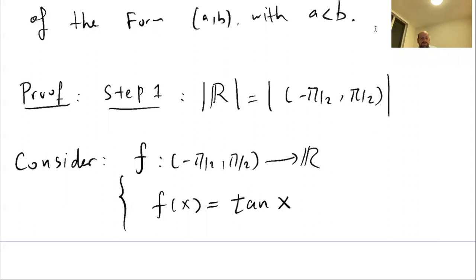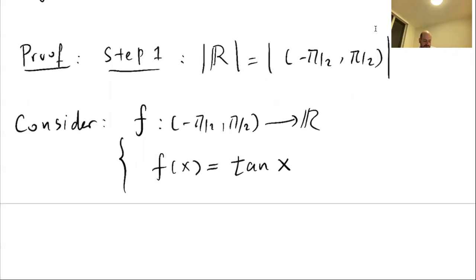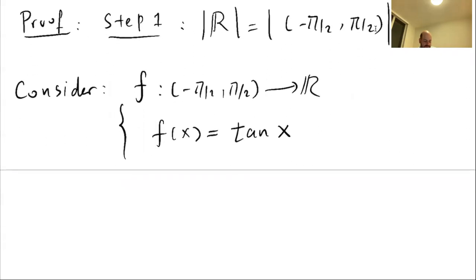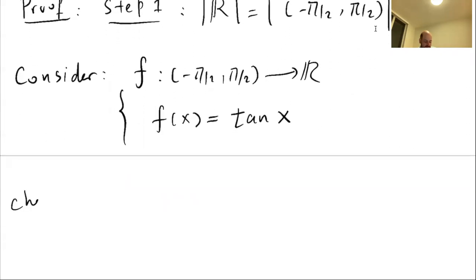Tan x is a function which is 1-to-1 on this interval. If I consider tan x on all real numbers, it won't be 1-to-1, but on this interval it is 1-to-1 and also onto. So I can say it's a pre-calculus exercise. So check f is a bijection.